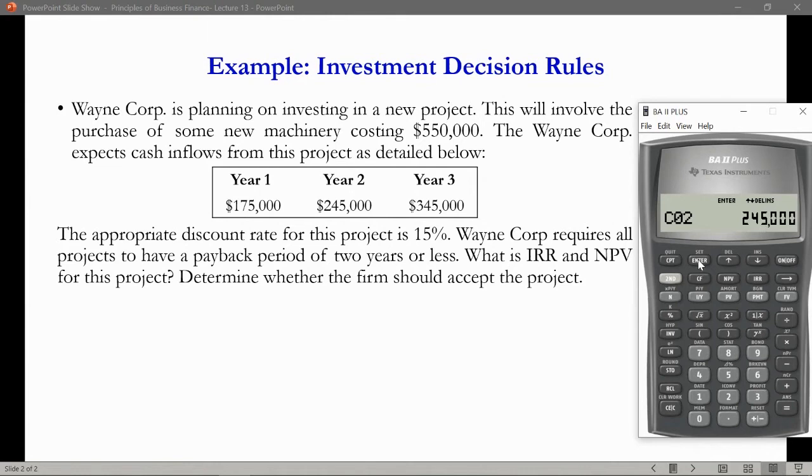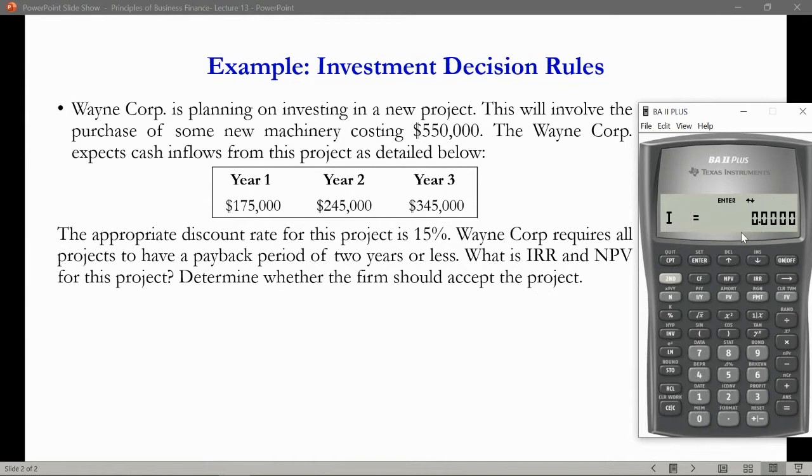Okay, then I would press enter, and then we will go to the third cash flow, which is $345,000.